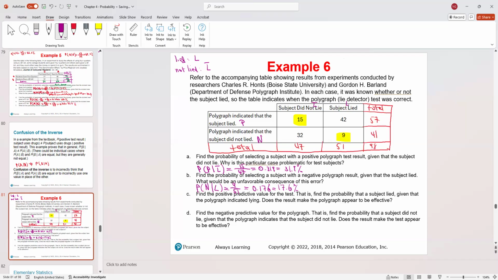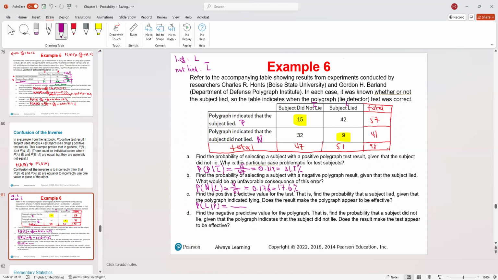Find the probability that a subject lied, given that the polygraph indicates lying. That means it's positive, right? The candidate, it indicates lying, so that means positive, right? Again, always take the intersection between these.